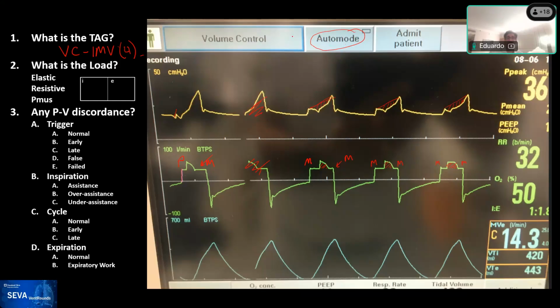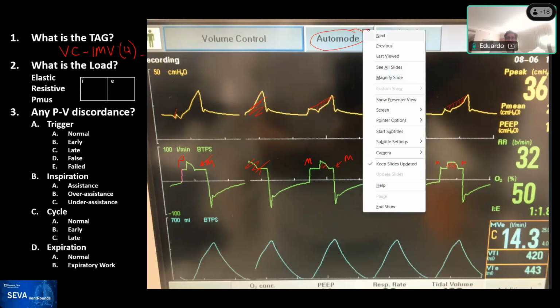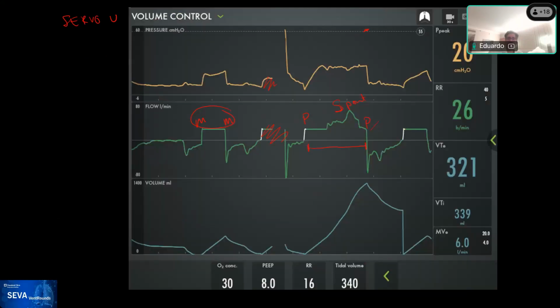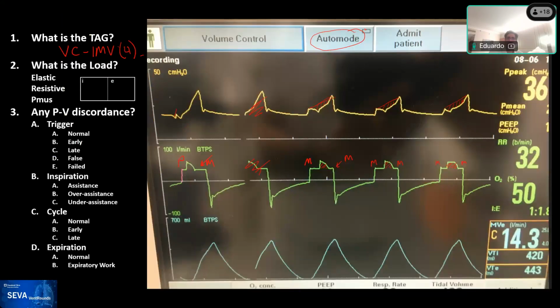So even though it says volume control here, if this button was active and this little square was green, I think it's green or pink, anybody can correct me on the color, but if it changes color, then this is no longer just regular volume control. This is volume control IMB type 2 SA. So the importance of taxonomy becomes even more relevant.